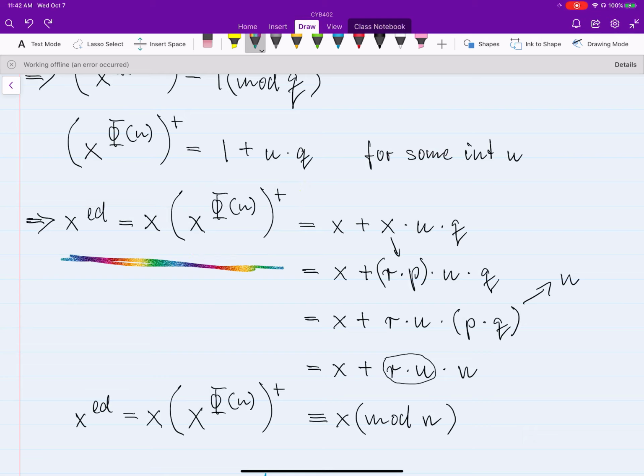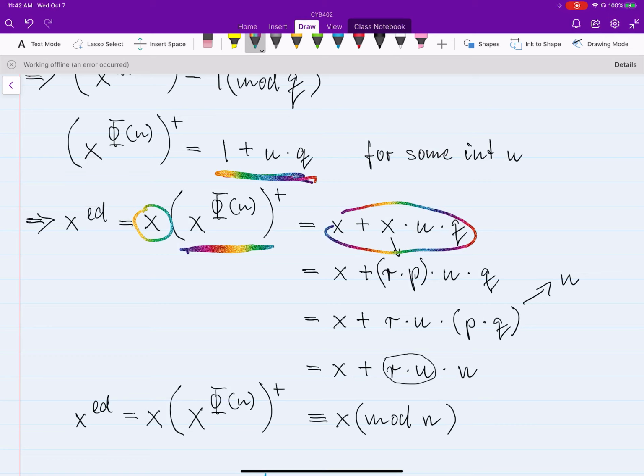Okay, very interesting. So again, this is this. So we need to multiply this by x, and we get this. Just want to make it really clear.